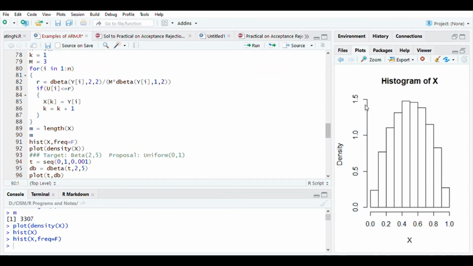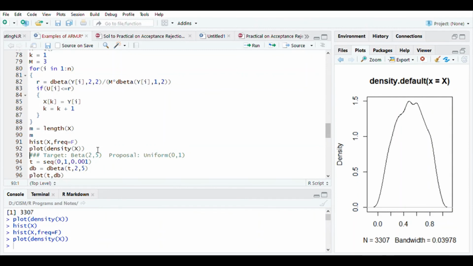So the value is around 1.5, and if you look at the density plot, yes, it is around 1.5. So it makes sense. Okay, so this was all about beta(2,2). What is our conclusion? What I feel is that instead of beta(1,2) or beta(2,1), using a uniform as a proposal distribution is much better.